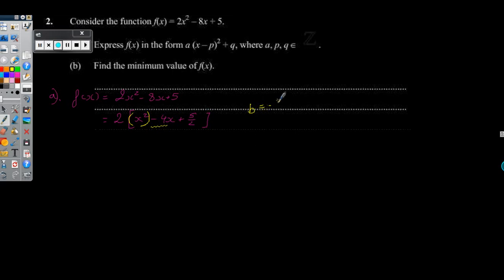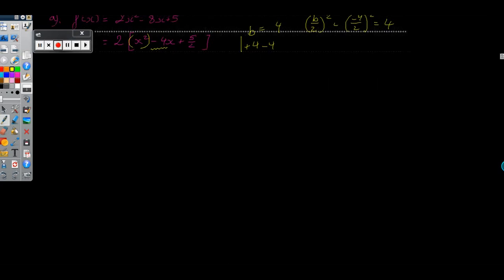The b value is -4, and you know that we've got to take half the b value squared. That is what is going to complete our square. So I'm going to have -4 divided by 2 squared. That's -2 squared, which is 4. So I'm going to have to add 4 to this expression and also subtract 4 to undo that.